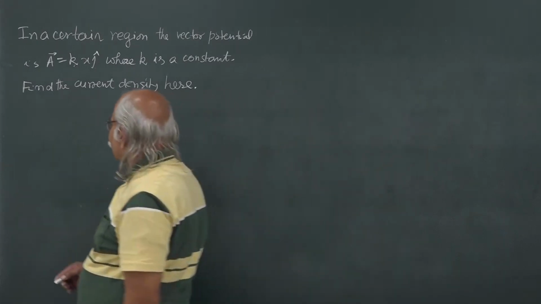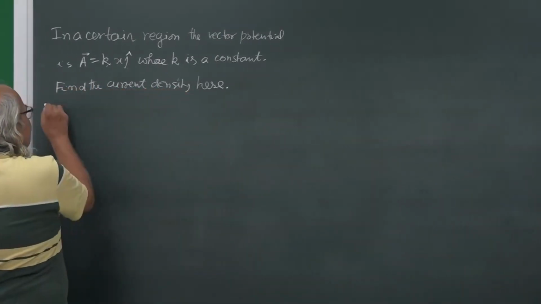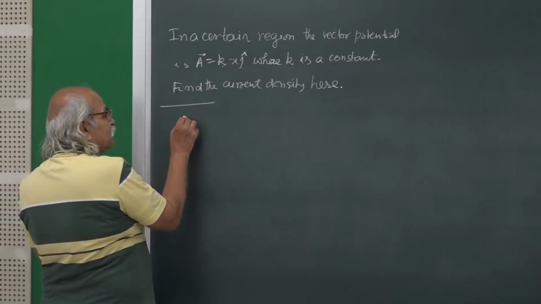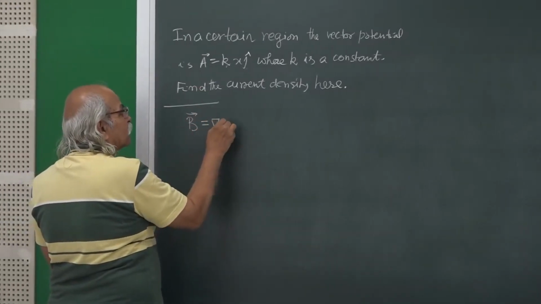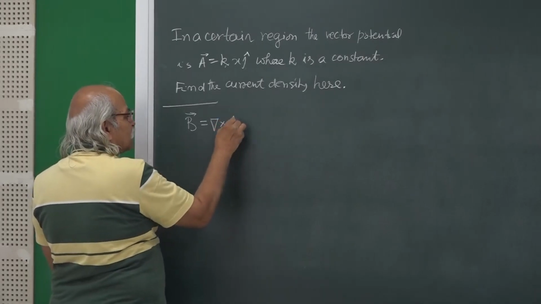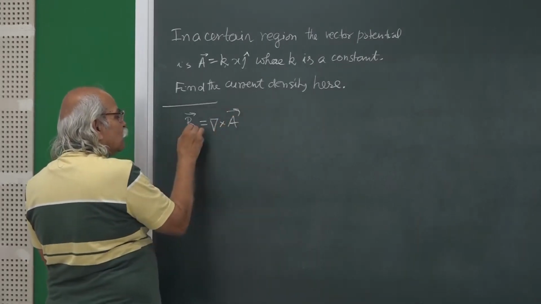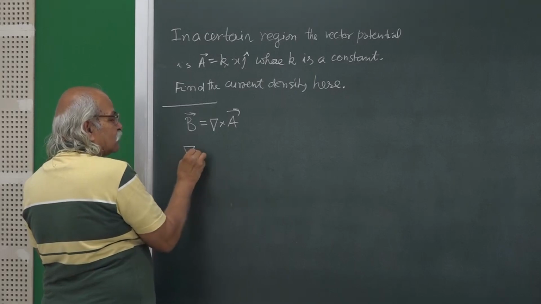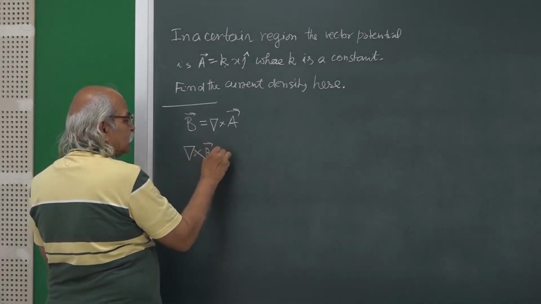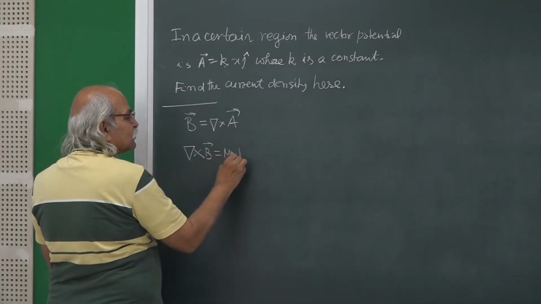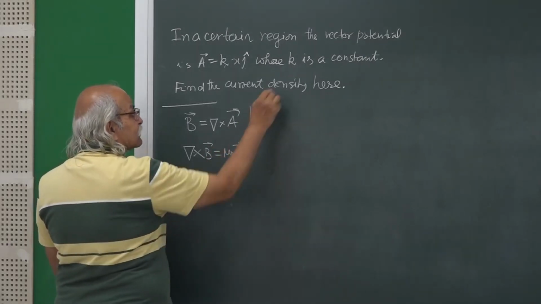So, the process is very simple. If this vector potential is given, we can get the magnetic field B, which will be curl of A, and then once B is known, we can use Ampere's law. Curl of B is equal to mu naught times J. So, that will give me the current density.